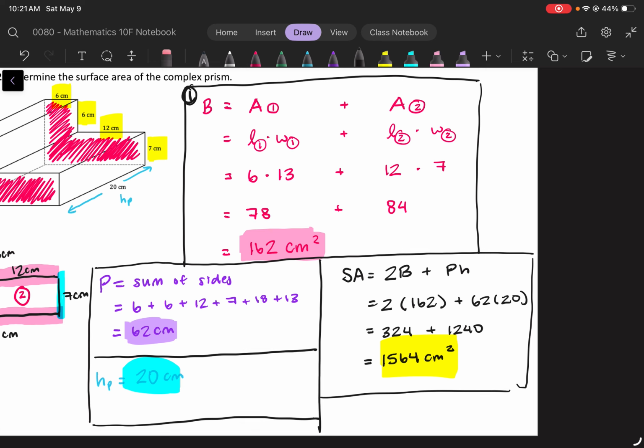So this was step 1, this was step 2, this was my step 3, this was my step 4. As long as your work looks clearly organized and easy to follow, and all of your steps have the minimum number of work shown. So my formula, my plug-in, and my final answer.